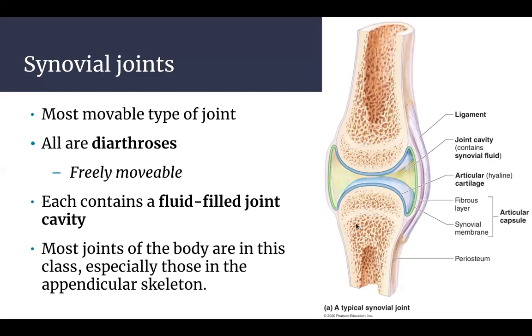There is connective tissue there, but the important thing that we see is this fluid-filled joint cavity. Now, most joints of the body are in this structural class, especially those in the appendicular skeleton, where we want to be able to move our limbs around relative to our axial skeleton.